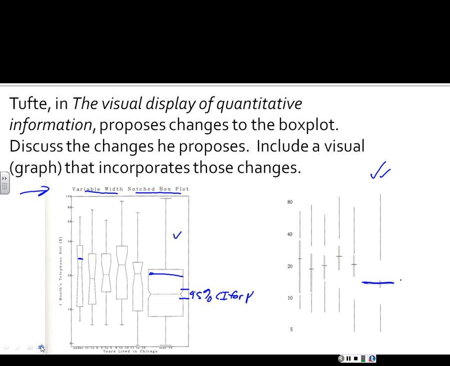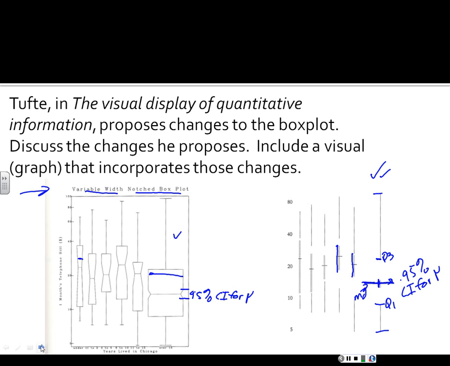And then this distance right here, the darkly shaded thing, that's the 95% confidence interval for mu. And then the spaces here, that's Q3, that's Q1. Of course, the line in the middle there was the median. And then there's your minimum value and your maximum value.